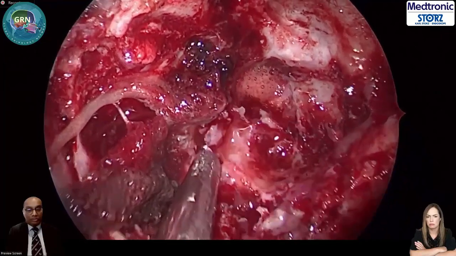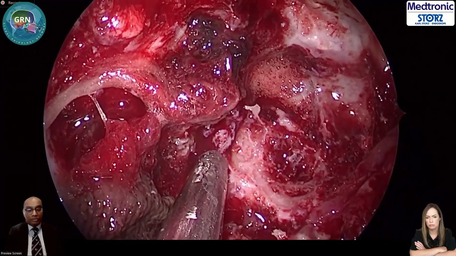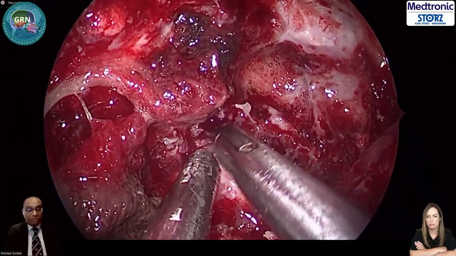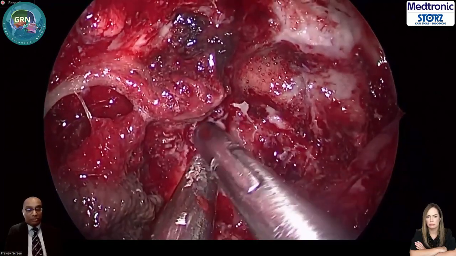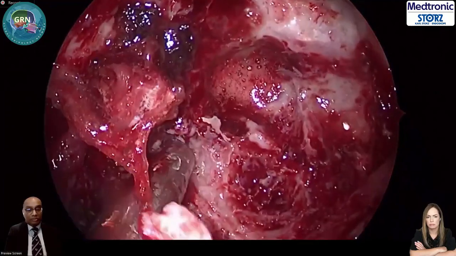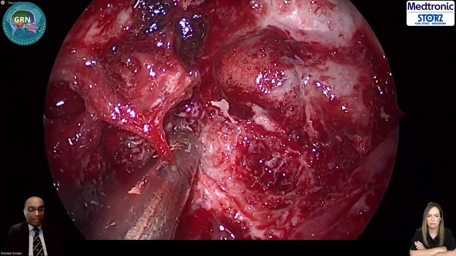Go closer, please. See how the surgery is so tricky. Go closer. Can you see that tumor coming out? Because of the bleeding. Good.